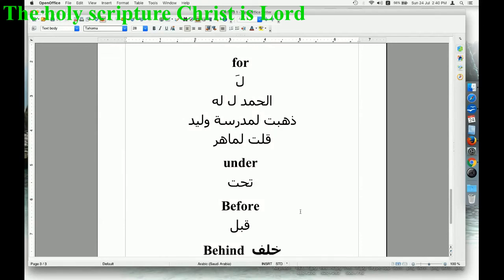I said to who? لماهر, which means to Maher. But as you see, Maher by itself is just a name like this. The L does not exist. But because I want to say I said to Maher, I add li.